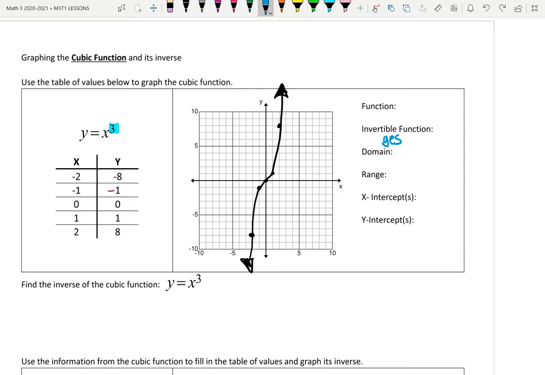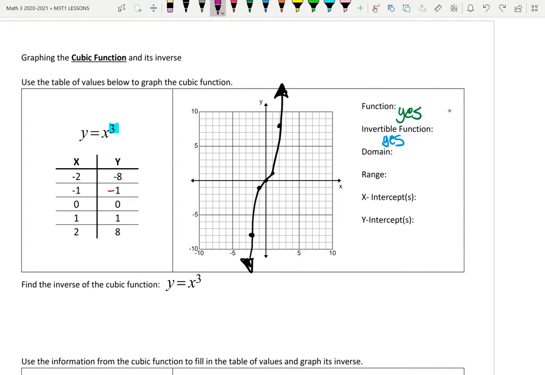Is it going to be a function? Yep. It passes the vertical line test. My domain, notice how it includes negatives, includes 0, includes positives. It goes left to right from negatives to positives, and it's going to increase.